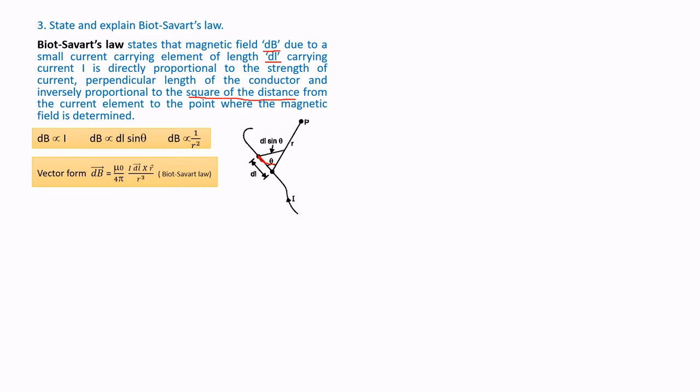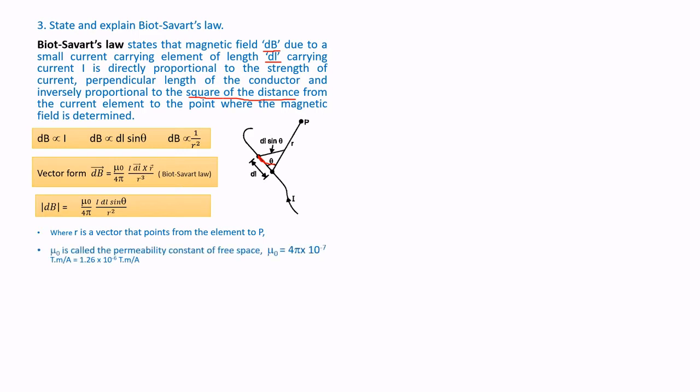This is Biot-Savart's law. Therefore, mod dB is equal to mu naught over 4 pi I dl sin theta over r square. See here, because sin theta is present, the denominator is r square. If you remove that and you retain a cross product, it becomes r cube, where r is the vector.